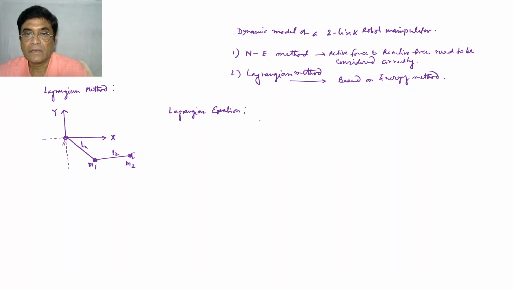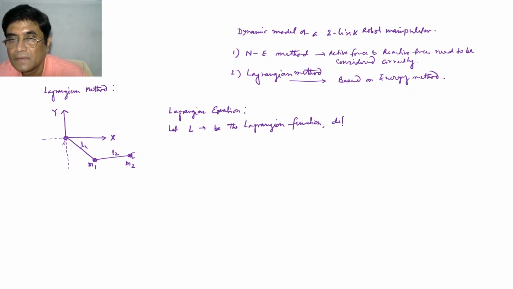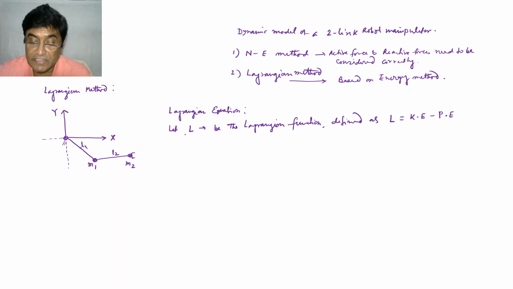We have to consider a function, the Lagrangian function L. Let L be the Lagrangian function, which is defined as L equals the system's kinetic energy minus the system's potential energy.